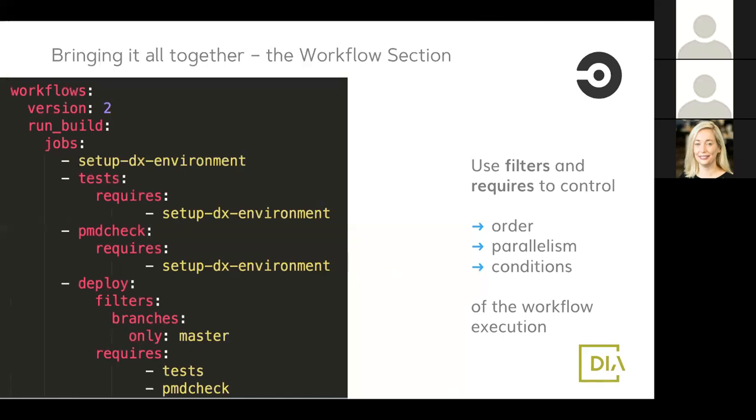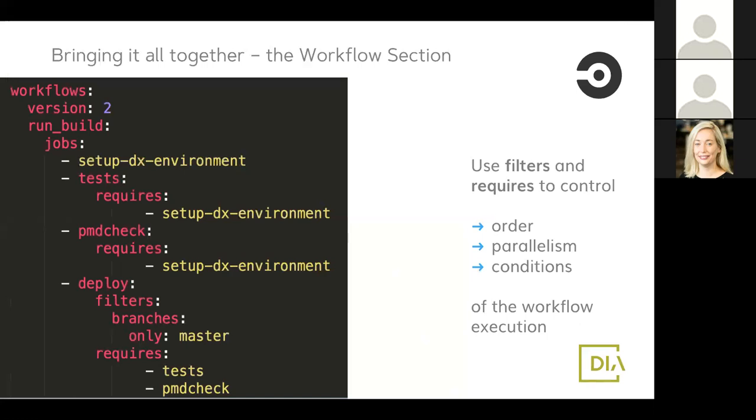After that, we will run the job tests, and that requires the SFDX environment, set up as DX environment. There's a second job that I didn't tell you about until now. That's called PMD check, and PMD check requires set up DX environment, but it doesn't require tests, and that's something that helps us to save a lot of time in the flow later.